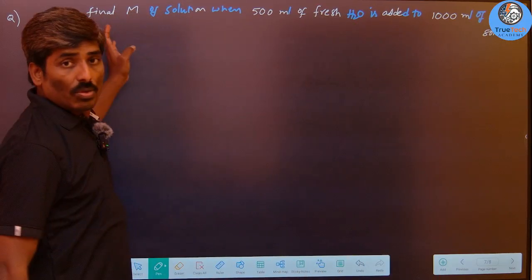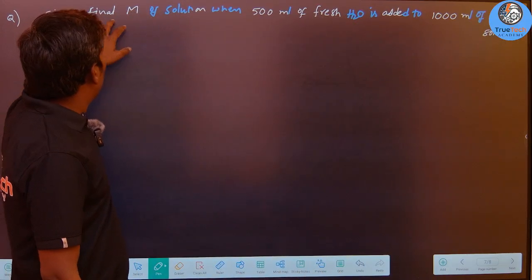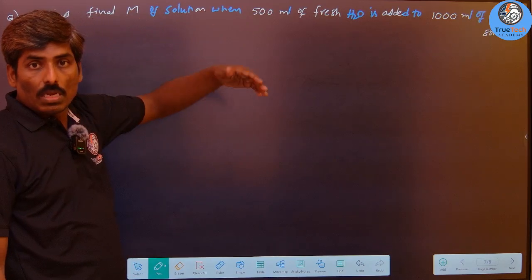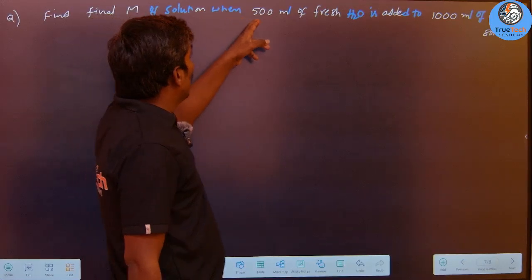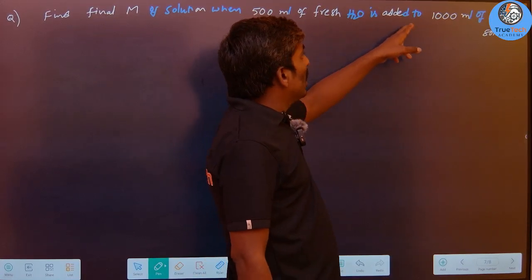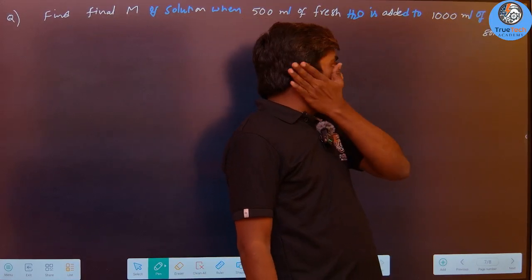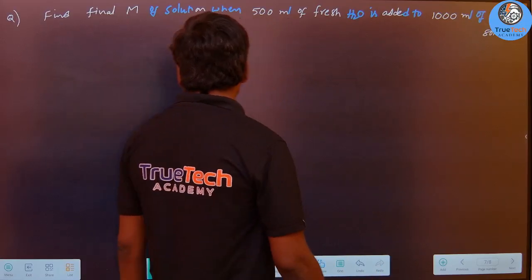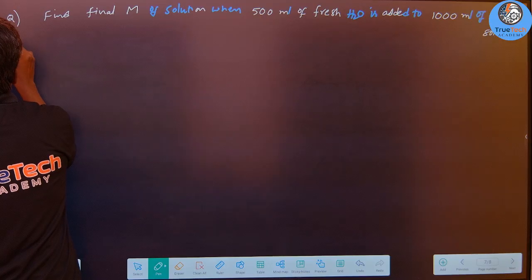So try to understand the question. They are asking to find the final molarity of the solution when 500 ml of fresh water is added to 1000 ml of 2 molar solution.